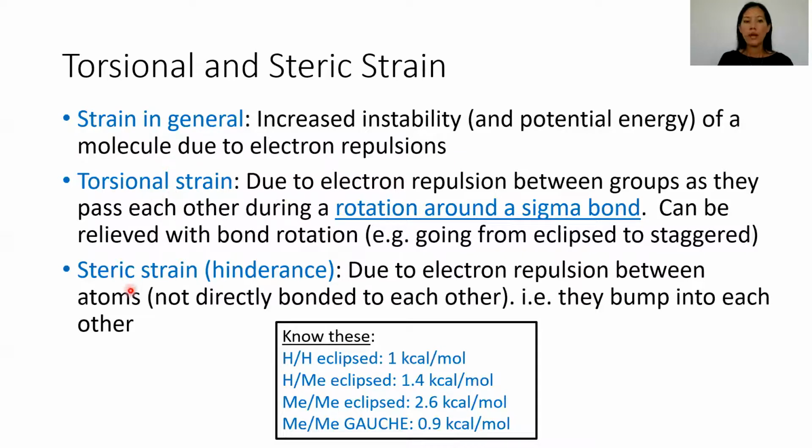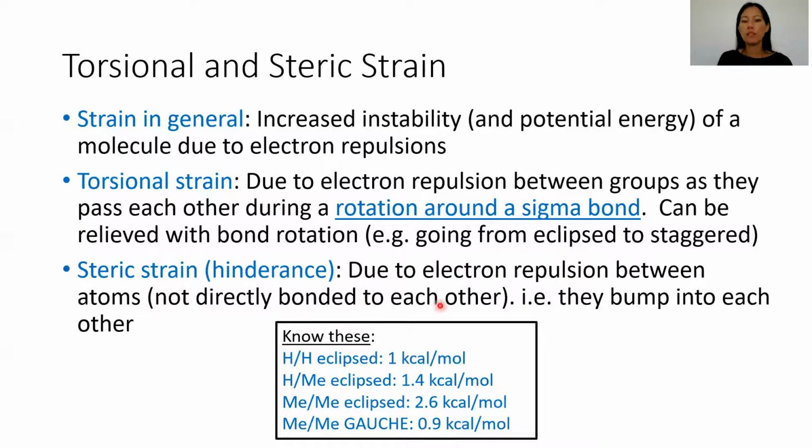Two types of strain I highlighted were torsional strain. This is due to electron repulsion between groups as they pass each other during a bond rotation. So this can be relieved with a bond rotation. As we can see, if I have something with the torsional strain from an eclipse conformation, I could just go to staggered and relieve that. Steric strain, also called steric hindrance, is due to, again, electron repulsion between atoms.